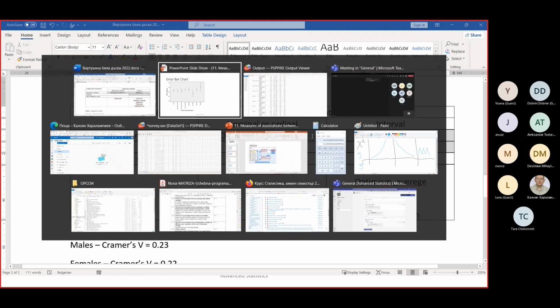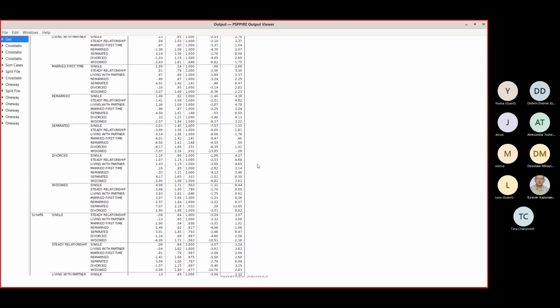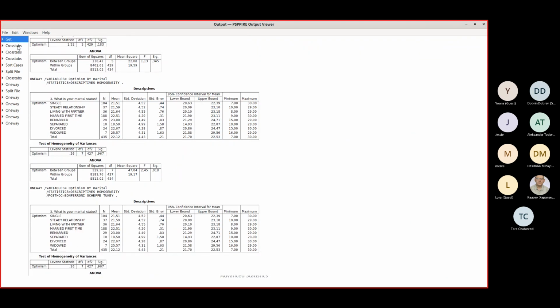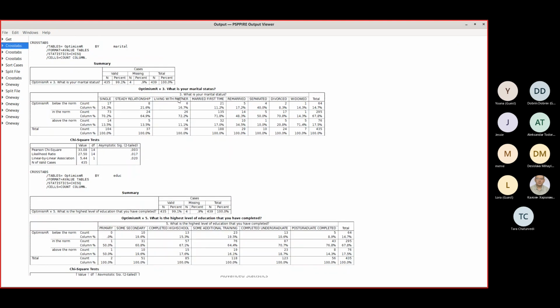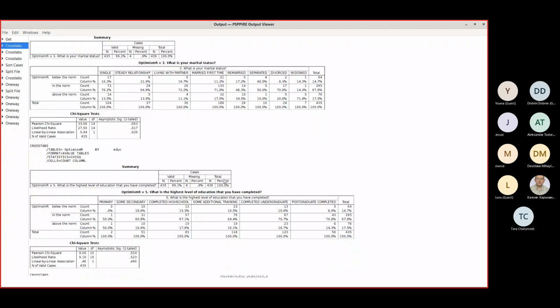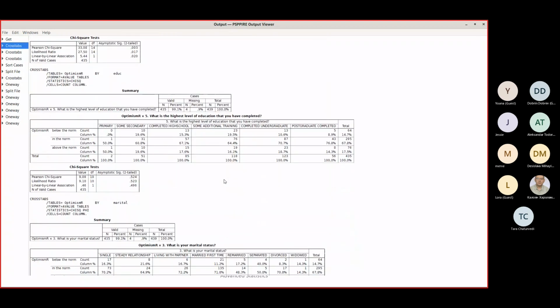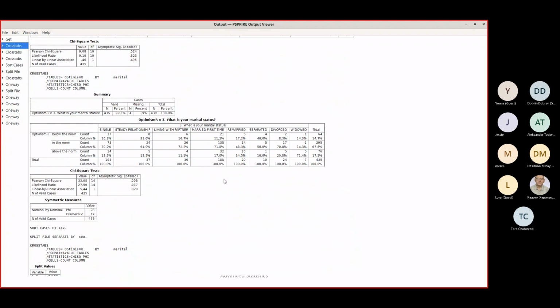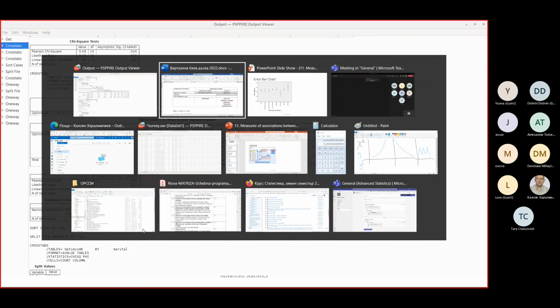So for the relation between marital status and optimism, the Cramer's V was 0.19.